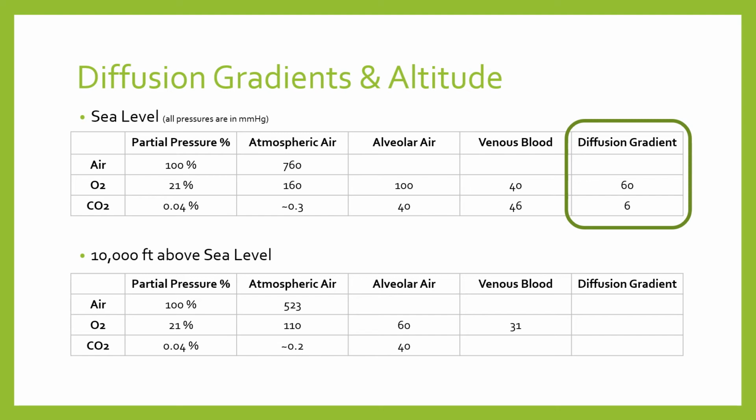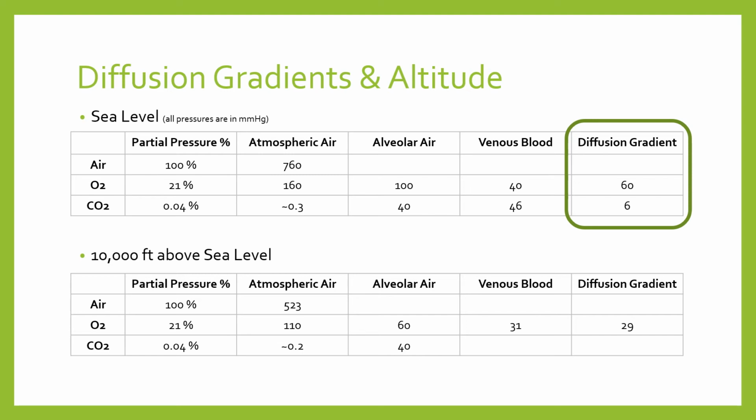But what's significant here is the difference between those two numbers, because we've said already the difference between those numbers is the diffusion gradient. The steeper the diffusion gradient, the faster the oxygen or the carbon dioxide will travel from one to the other. In this case, the diffusion gradient is only 29 millimeters of mercury, which means it's less than half as steep as at sea level, so we're going to have less than half the speed of flow of oxygen.